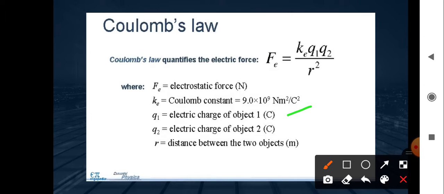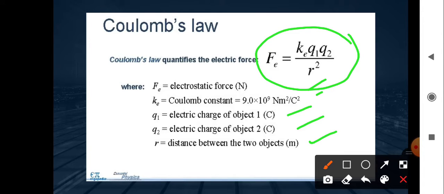Then Q1 is the electric charge, Q2 is also the electric charge, one is the test charge and the other is the source charge, and r is the distance between them. This formula shows that the electrostatic force is directly proportional to the magnitude of the point charges, and inversely proportional to the square of the distance between them.